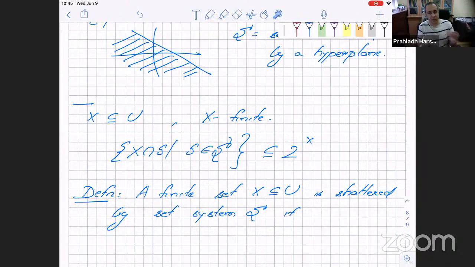That is, when you intersect X with S, you get every possible subset of X. Then you say it is shattered. You can break up X in every possible way. That's why you call it shattered.